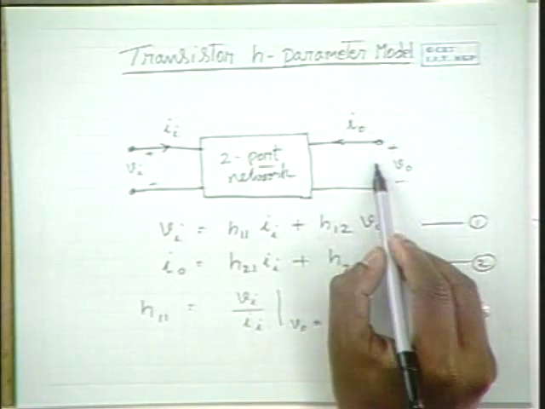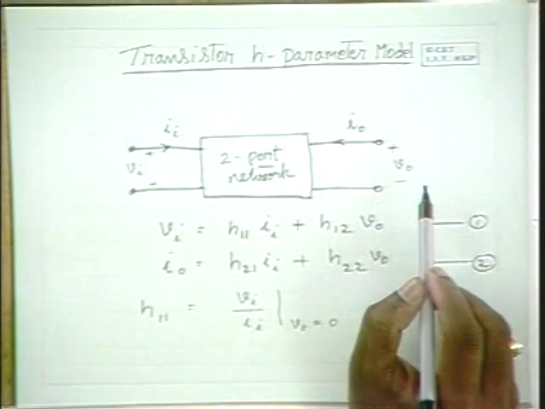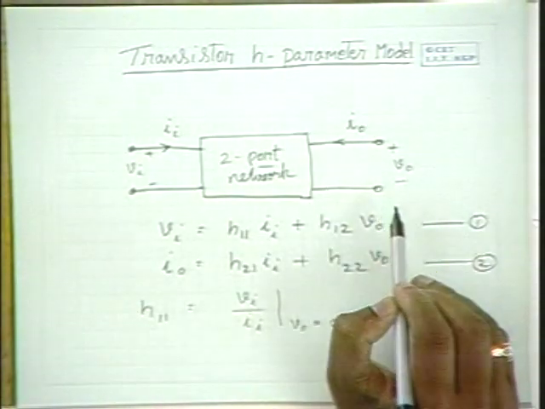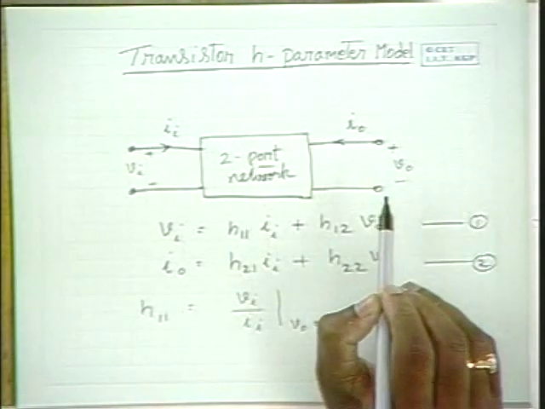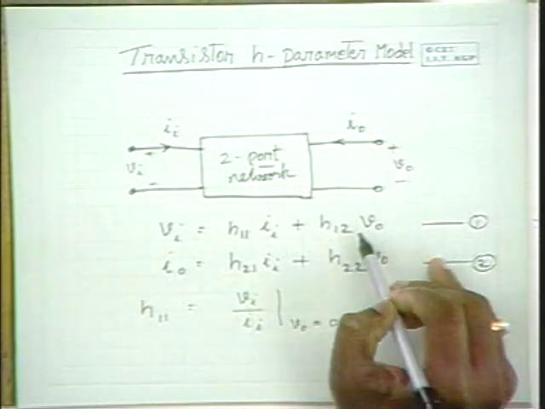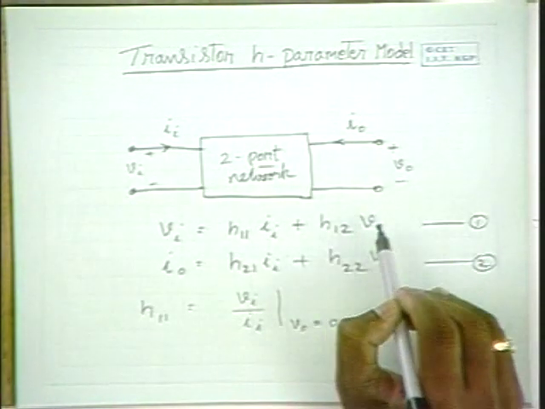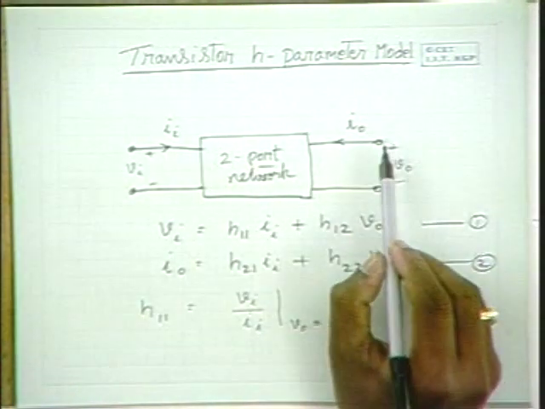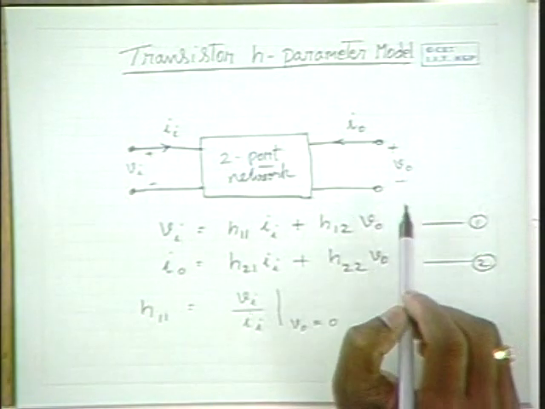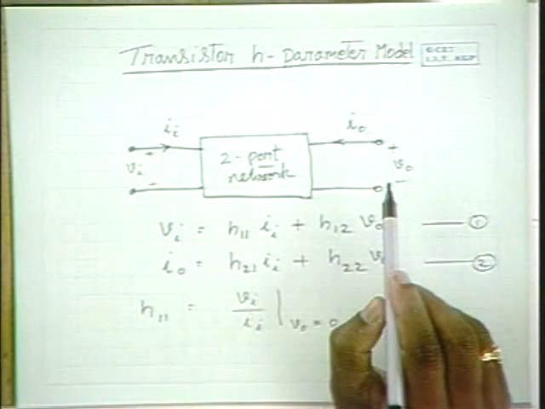So that voltage is held constant at VCEQ, the quiescent voltage itself, and no alternating signal is allowed. That means here the alternating signal is 0, not that the DC signal is 0. This is a short circuit for the alternating signal alone.